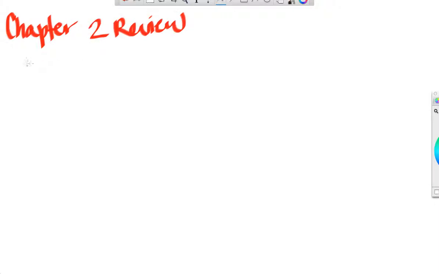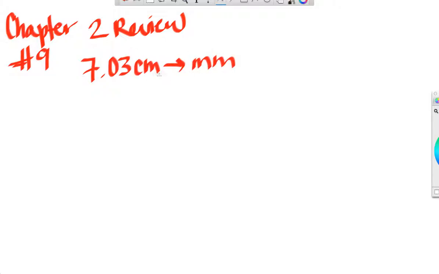So here, show chapter 2 review, and I'm looking at number 9 here. Number 9 says 7.03 centimeters to millimeters. Notice in our metrics table, we do not know how many centimeters are in a millimeter.